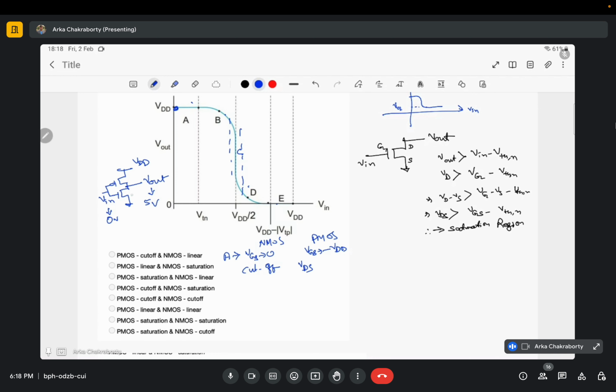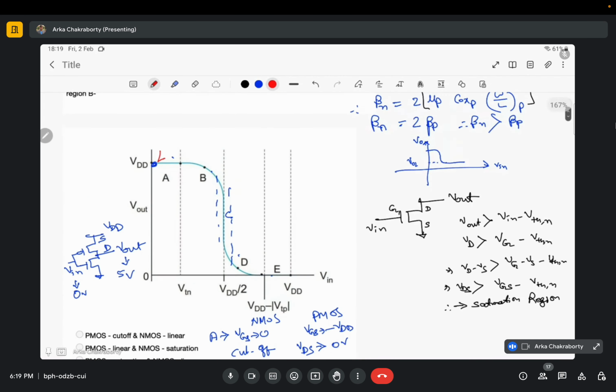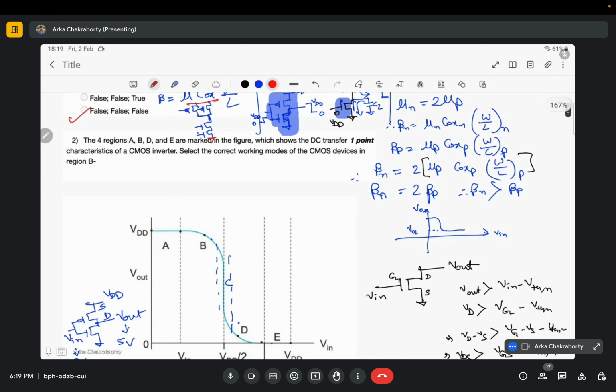This is my source, this is my drain. So my VDS would be 5 minus 5, which is 0 volt. So VDS is less than VGS minus VT, so it is in linear region, right? So in region A, my PMOS is in linear region and NMOS is in cutoff region.